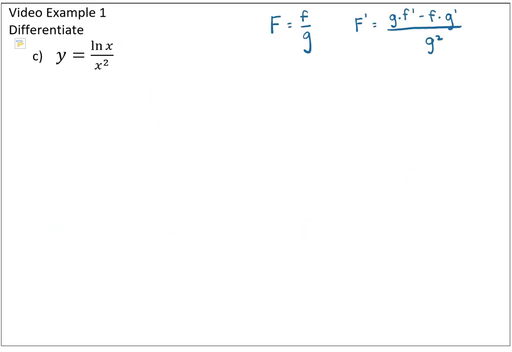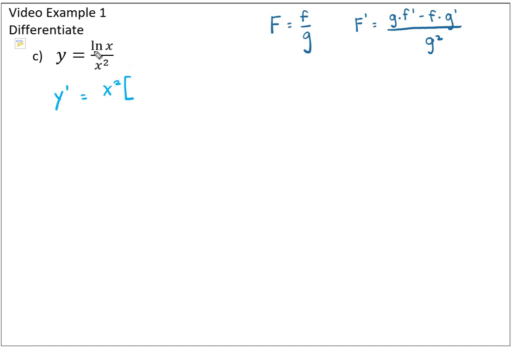Part C of this example continues on with differentiating, so we're going to find dy dx. You could also write it y prime, so let's just do that, because that means the same thing. And then we're going to find the derivative of this quotient. Notice I put the quotient rule over here, so we're going to first pull from the denominator, the x squared. We're going to multiply that by the derivative of the numerator.